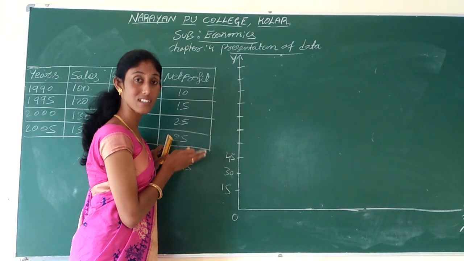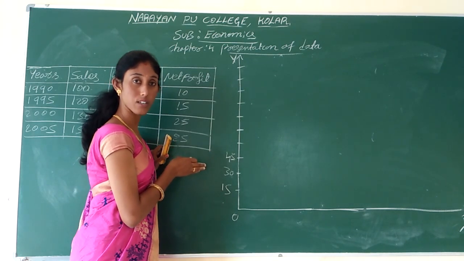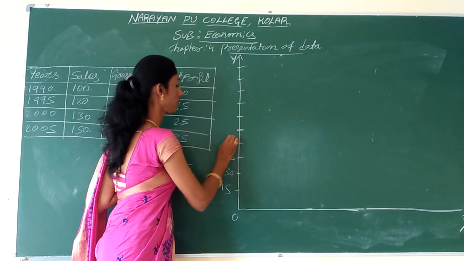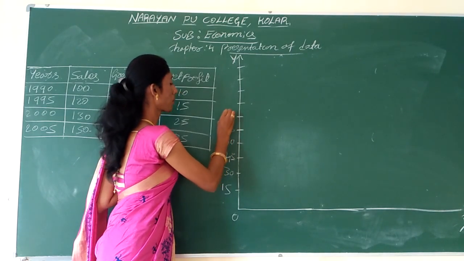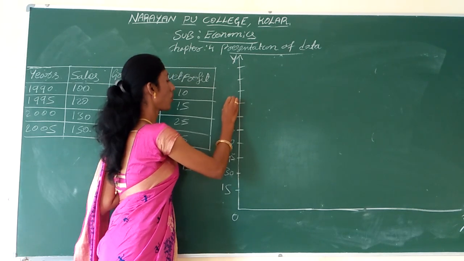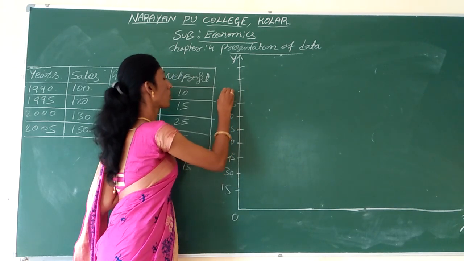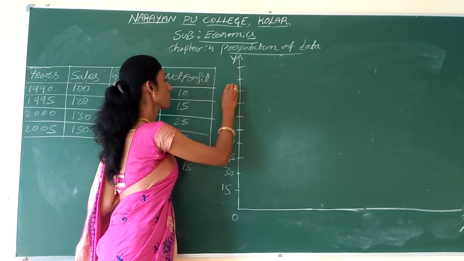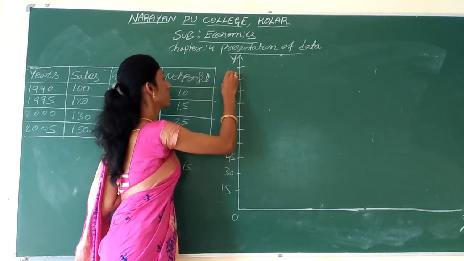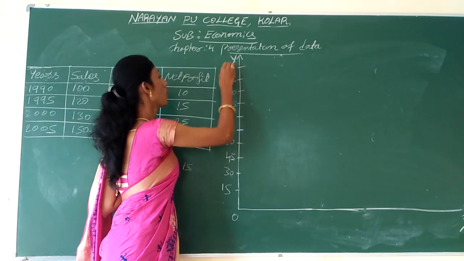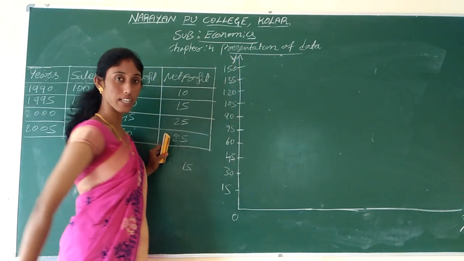Then 45, the next points 60, 75, 90, 105, 120, 135, 150. Got it right?